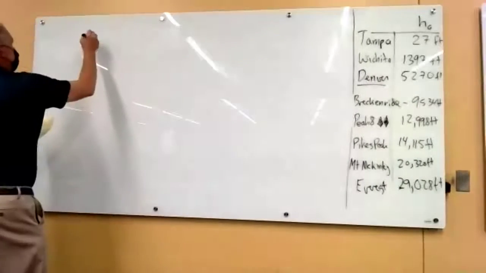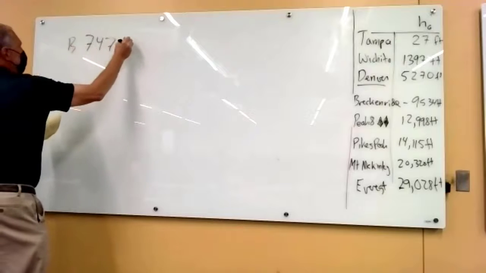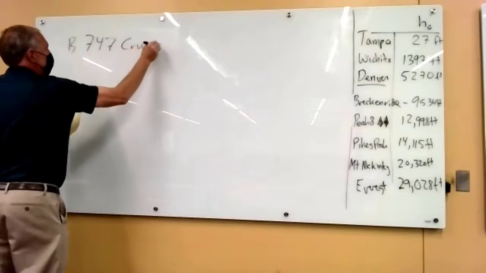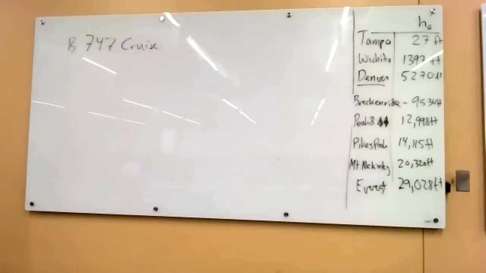All right, how about a 747, a Boeing, in cruise? You guys have all flown, right? The captain comes on the loudspeaker and says, we have now reached our cruising altitude of, and what's it usually? 30, 31, 32,000.